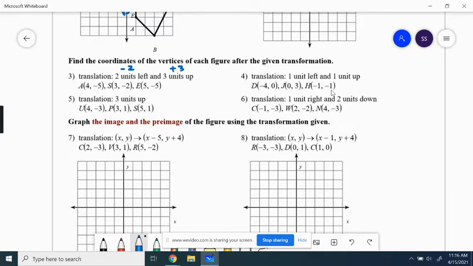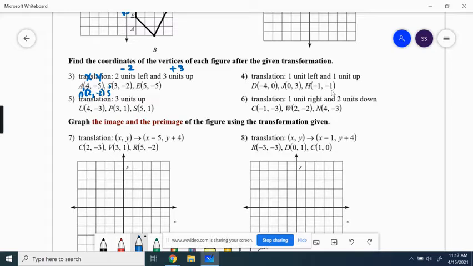So if we look at my x, y values, 4 is x. So in terms of x, we're going down 2, so A prime would be 2. 4 minus 2 is 2. And then in terms of y, -5, we're going to add 3. So -5 plus 3 is -2.